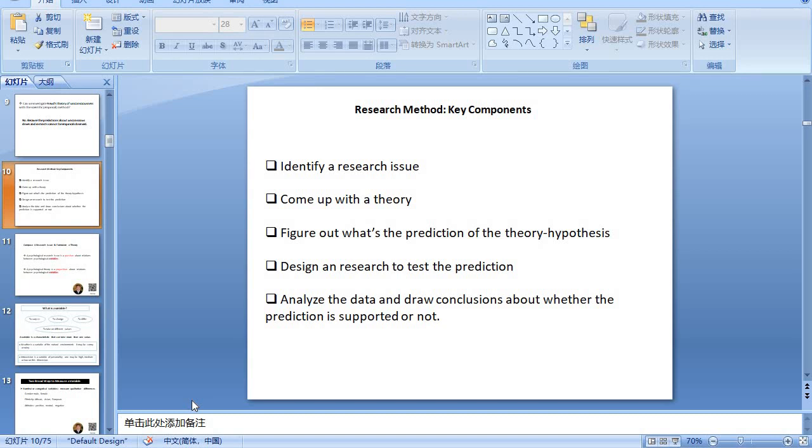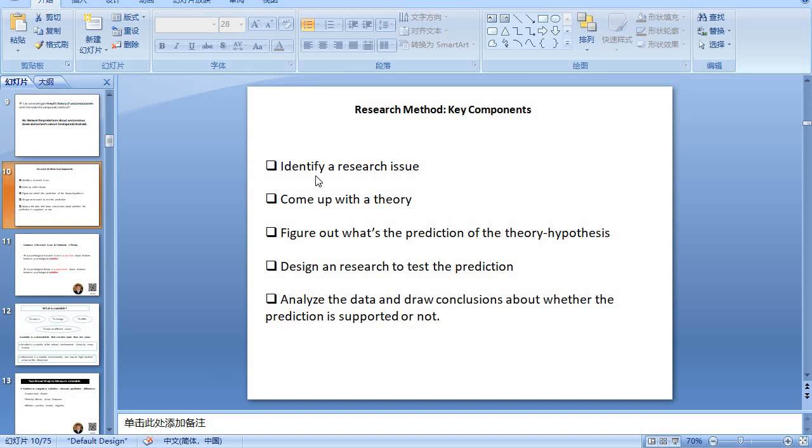A research design is simply a way to gather information, to collect data, to make observations, and analyze your data. If your data analysis supports your hypothesis, then you can say my theory receives empirical support. These are the key steps or key components of scientific research.